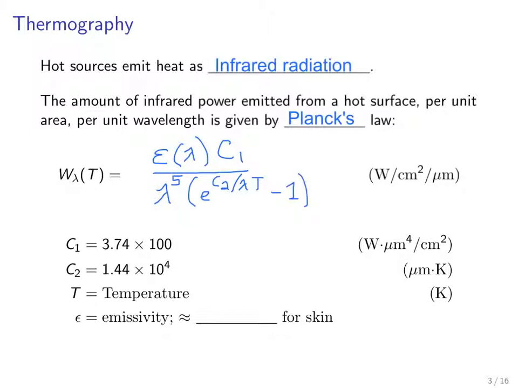So this is Planck's law, and it tells you about the power density, essentially, per unit wavelength. I've given all the parameters here below, these fixed constants C1 and C2. T, again, is the temperature in Kelvin, and epsilon is what's called the emissivity. And it's a very convenient fact that emissivity is about 1 for skin, regardless of the wavelength.